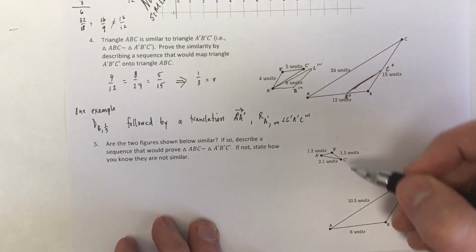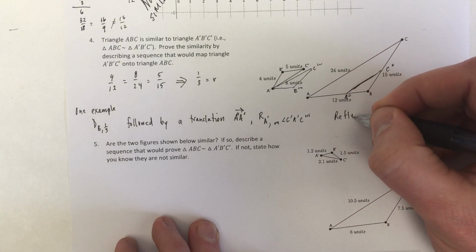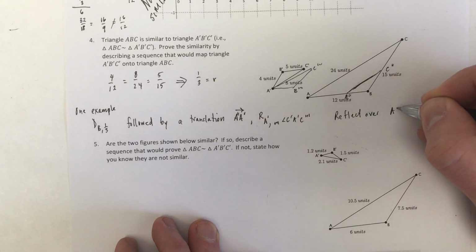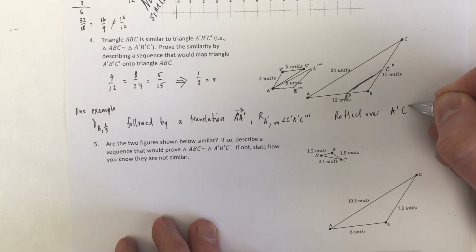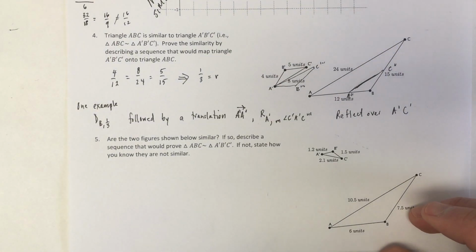So you close that gap up, and then you just reflect over A, C. Okay, so that would give you the sequence that you've been looking for.